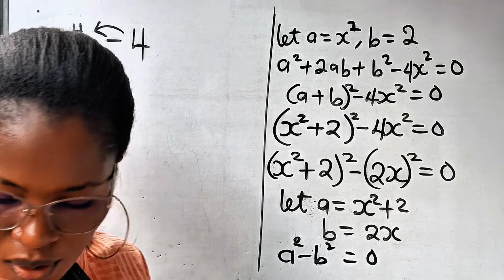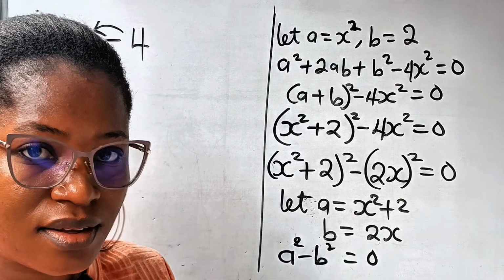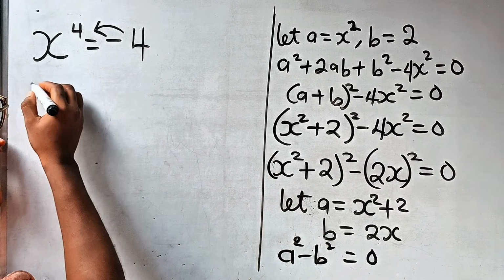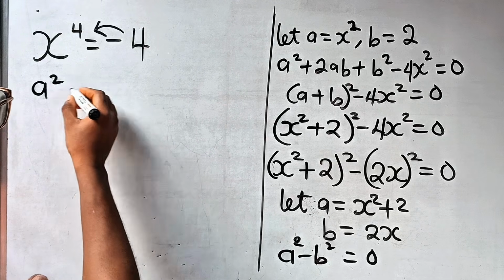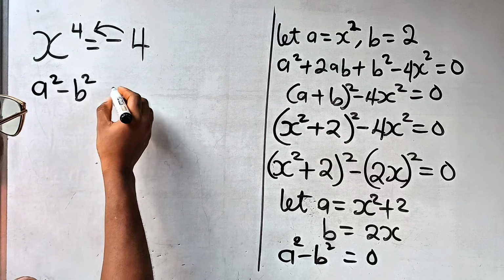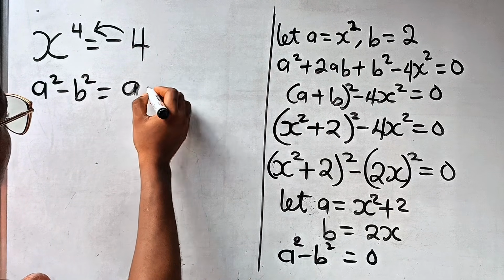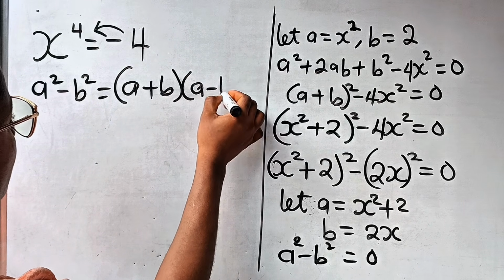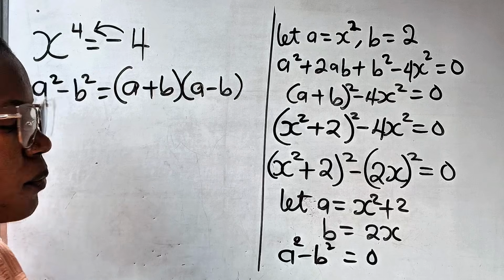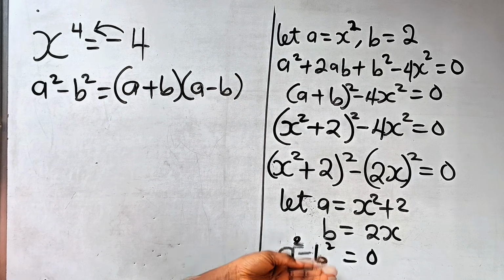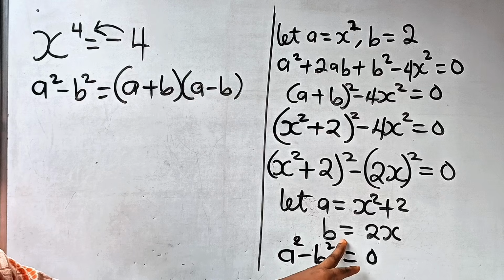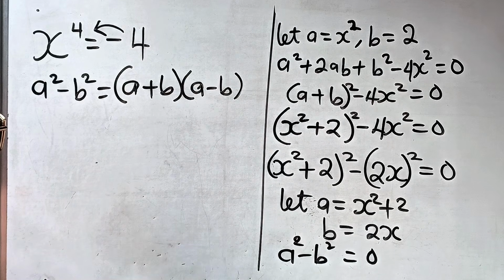Okay, now if that is the case, recall that a squared minus b squared is equal to a plus b multiplied by a minus b. So that means that we can rewrite this as a plus b, that is this plus that.